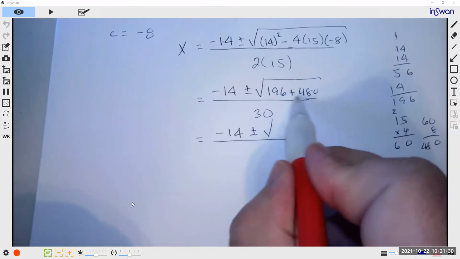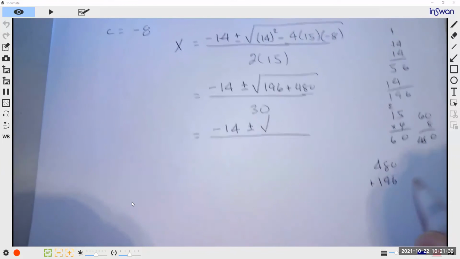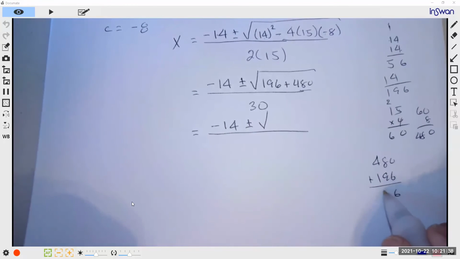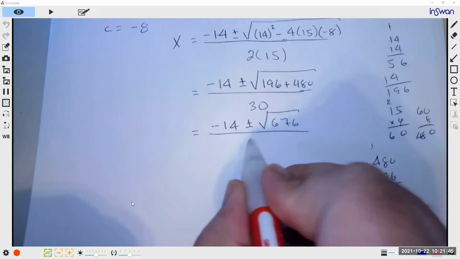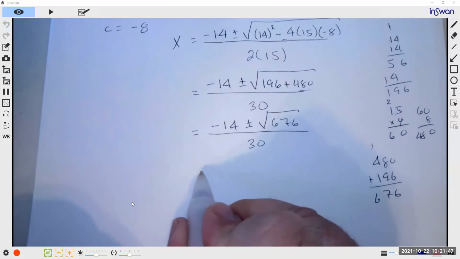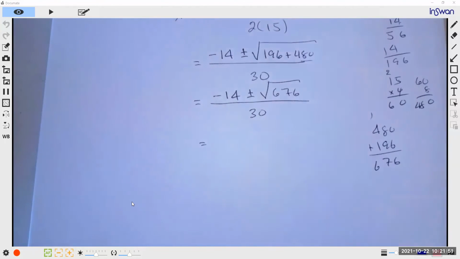So these are both positive, so I add them. 480 plus 196, 676, the square root. All right, for time purposes, I'm going to use a calculator here.